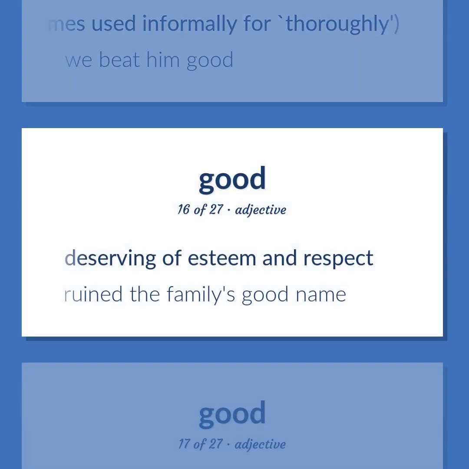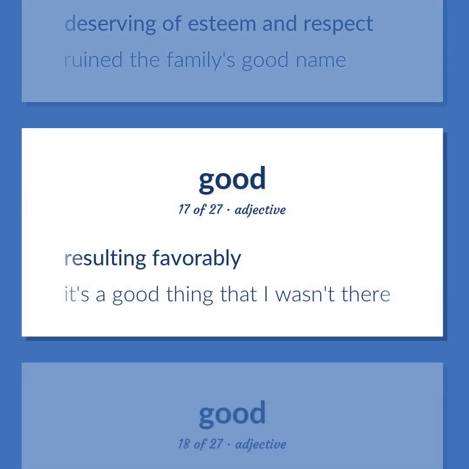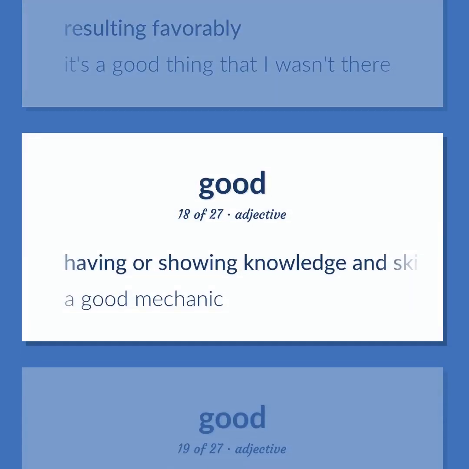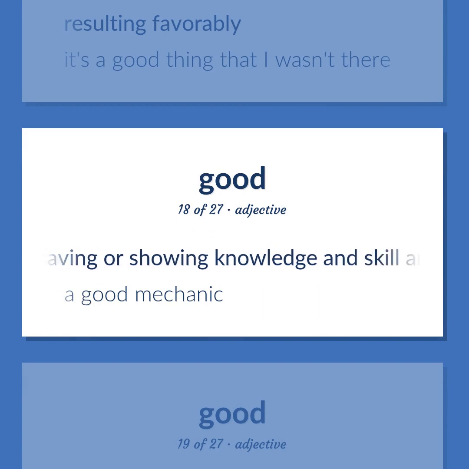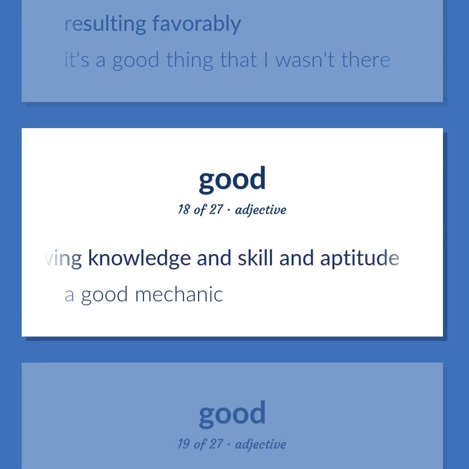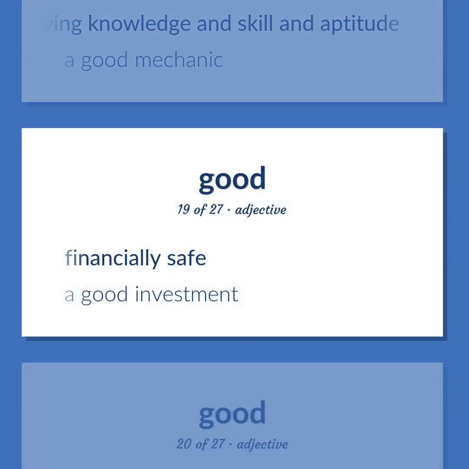Deserving of esteem and respect. Ruined the family's good name. Resulting favorably. It's a good thing that I wasn't there. Having or showing knowledge and skill and aptitude. A good mechanic. Financially safe. A good investment.